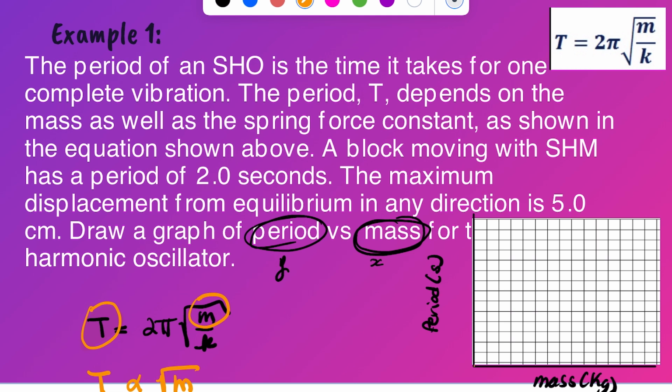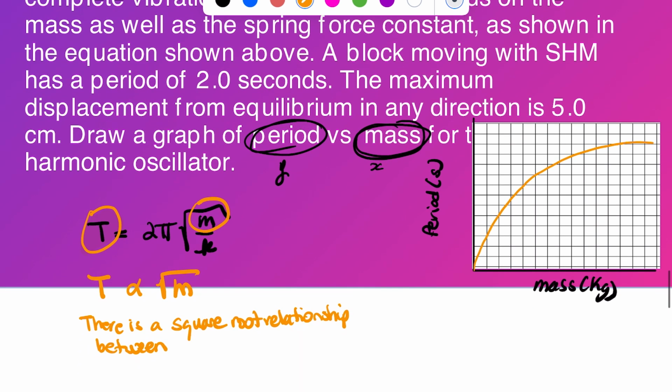A square root relationship looks like an eyebrow, right? So you can just write that. You can say there is a square root relationship, or you could say a direct square root relationship between period and mass.